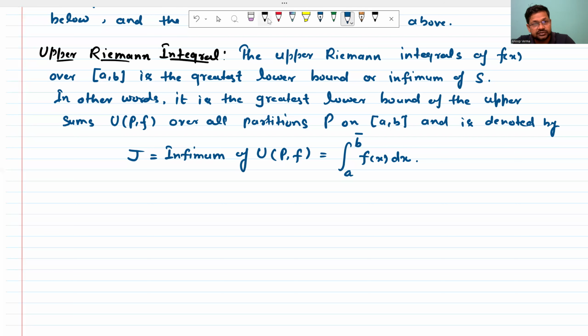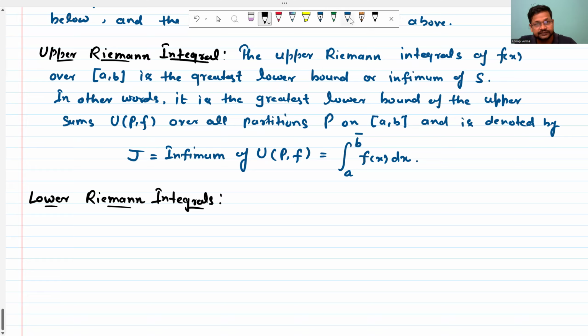Similarly, we talk about the lower Riemann integral. What is the lower Riemann integral?